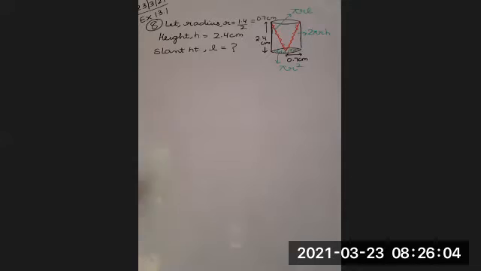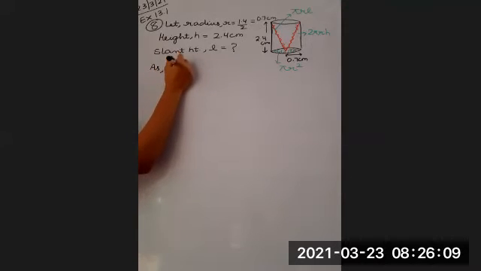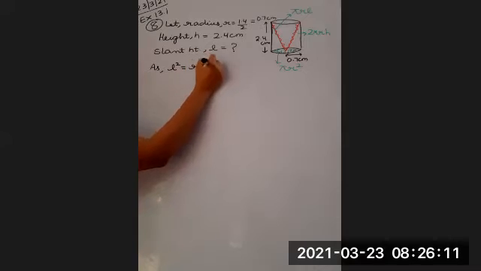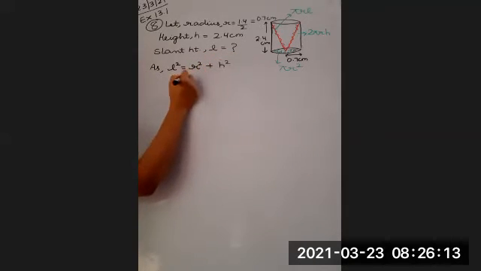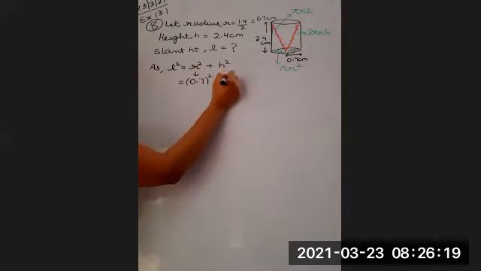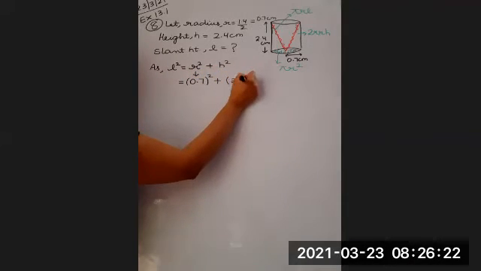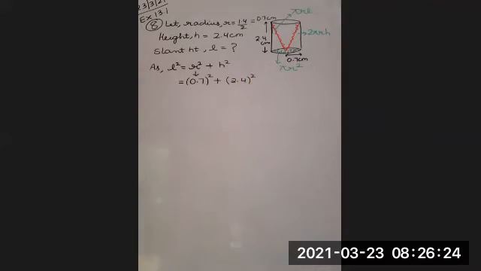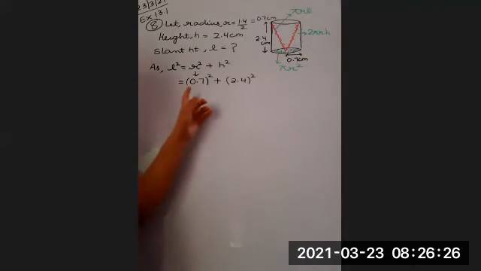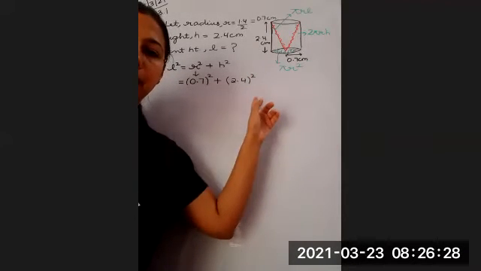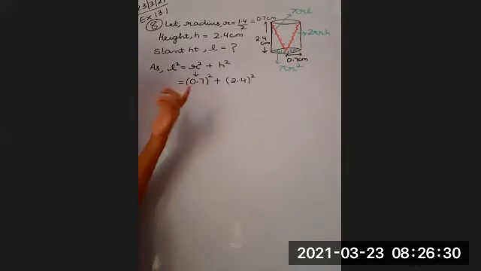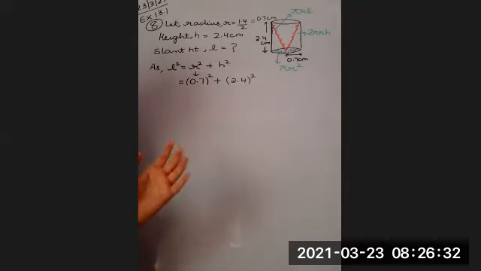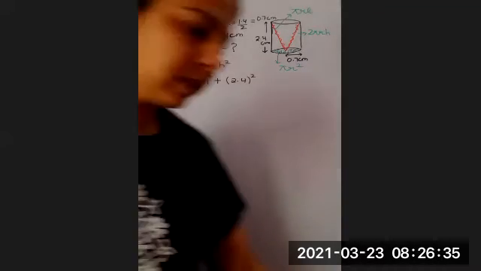Okay? As l square is equal to r square plus h square. Now children, there are two ways. Either you continue with the decimal part or you change it to 7/10 whole square. It's up to you. You may start.